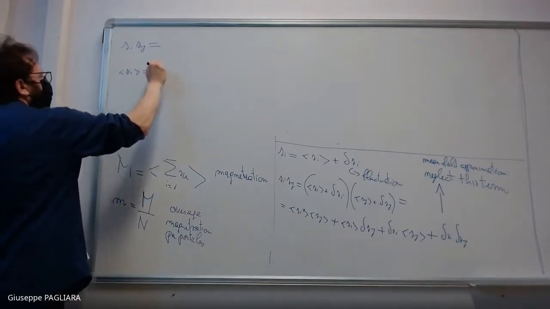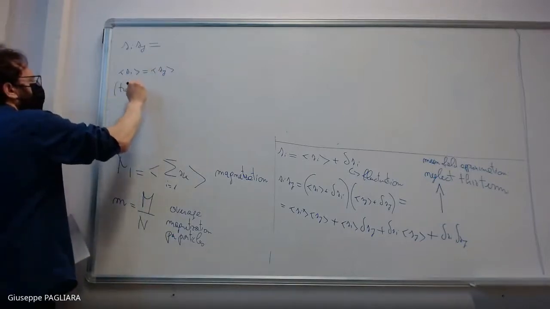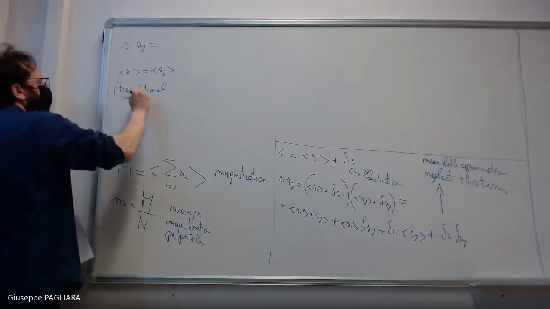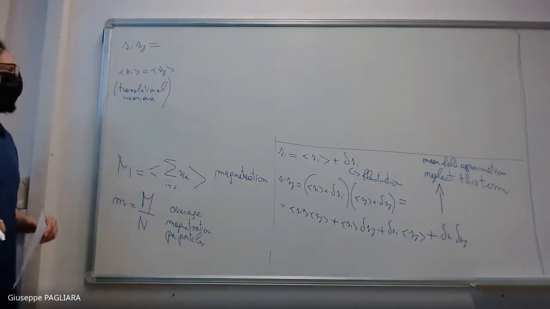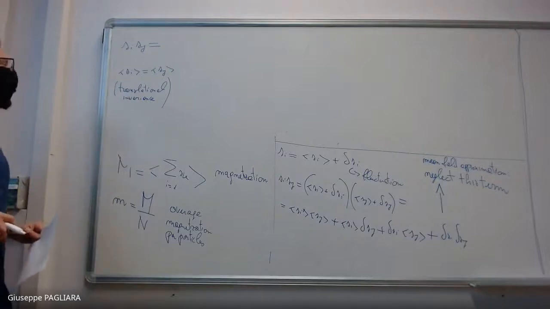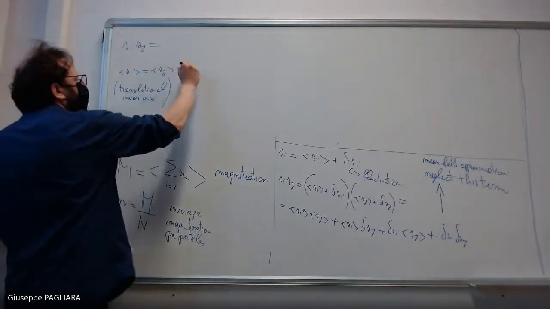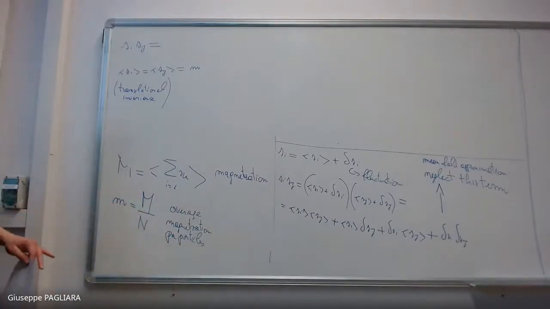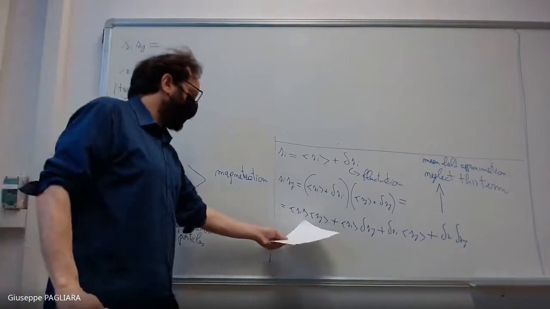First of all, the averages of Si and Sj are equal, for translational invariance, because I do not expect the average spin to depend on the position. So the average of Si is equal to the average of Sj, equal to M, the average magnetization per particle. And so here we can write M squared.